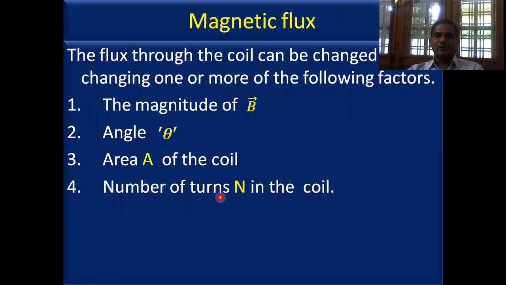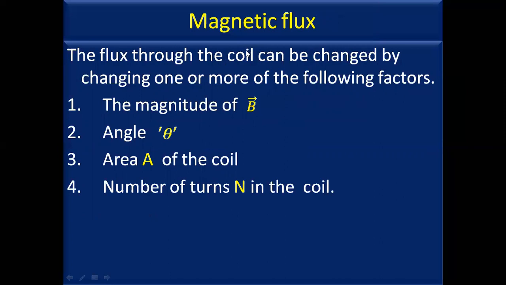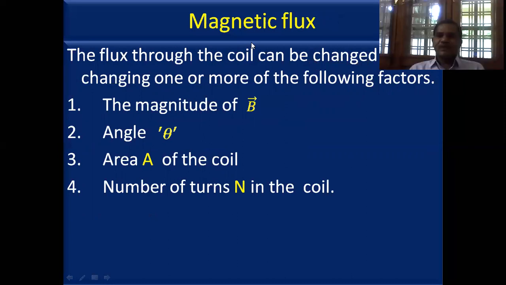Okay. Now, the flux through the coil can be changed by changing one or more of the following factors. By changing the magnitude of B bar, by changing the angle between area vector and magnetic field strength, by changing the magnitude of the area of the coil, or the number of turns in the coil.